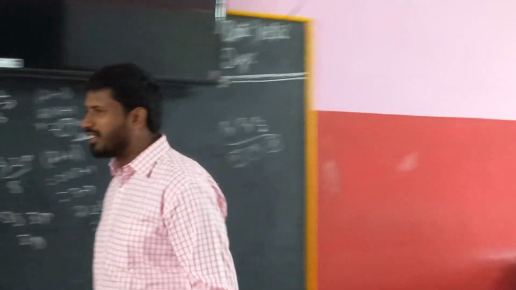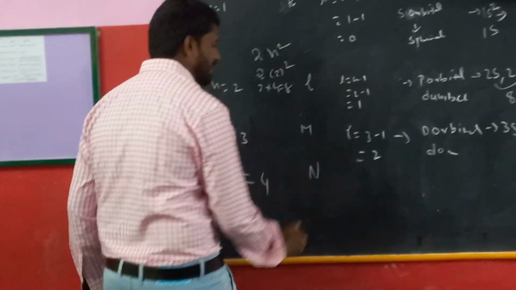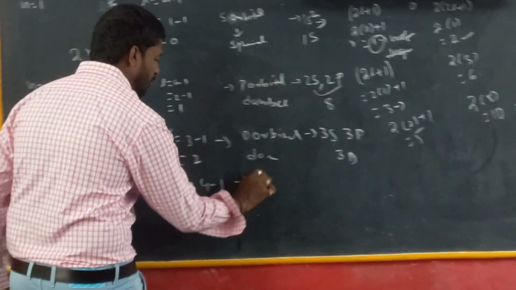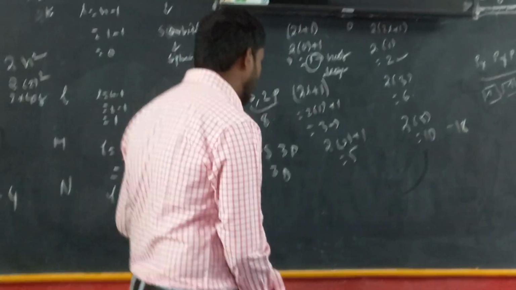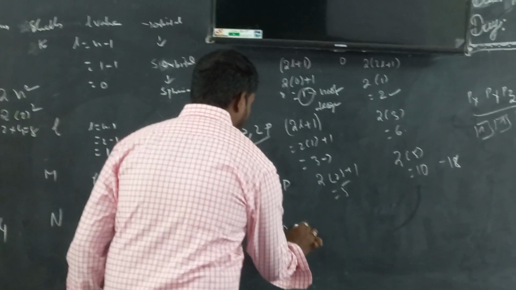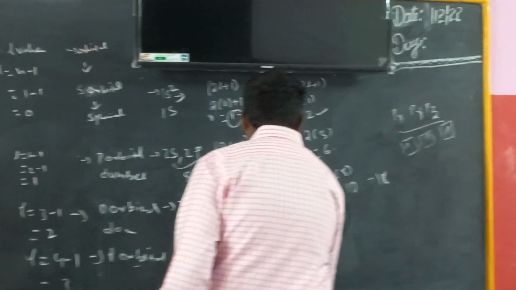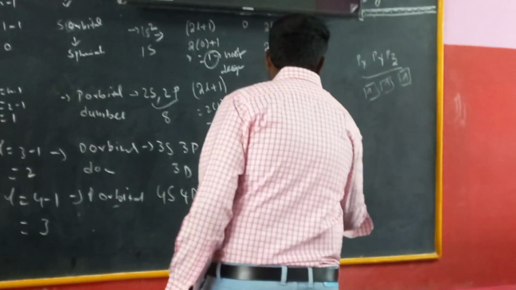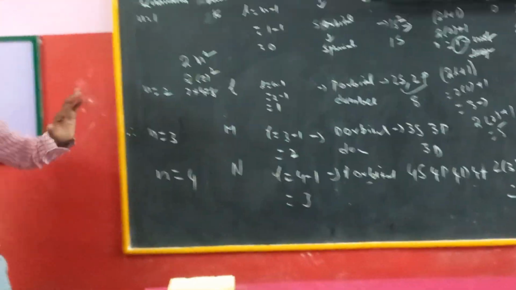Now coming to the next point, n is equal to 4, then it is N shell, then l is equal to 4 minus 1, 3, f orbital. We did not know the exact shape of f orbital. And here 4s, 4p, 4d, 4f. It can accommodate 2 into 3 plus 1, 7. Number of electrons 2 into 7 is 14. F orbital can accommodate 14 electrons.